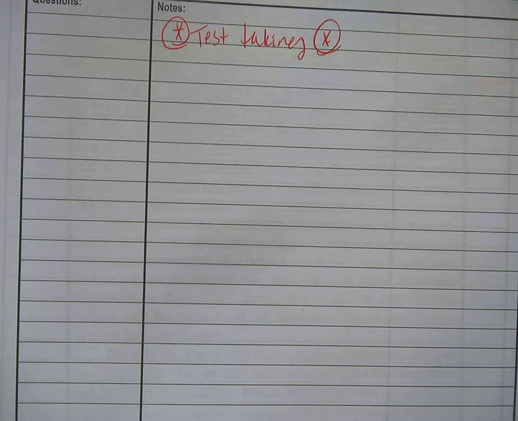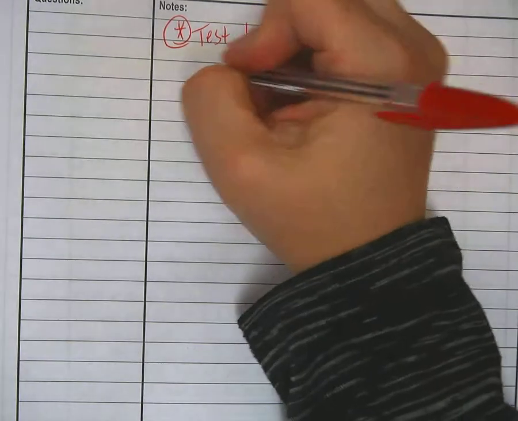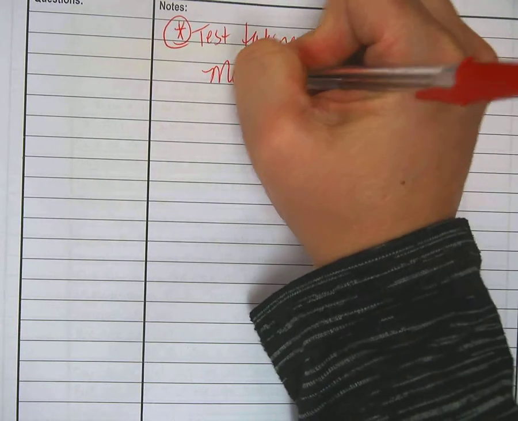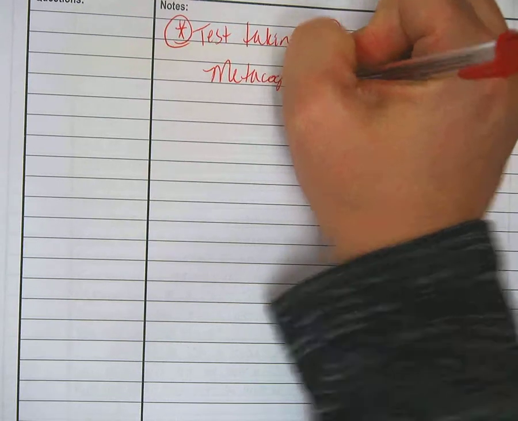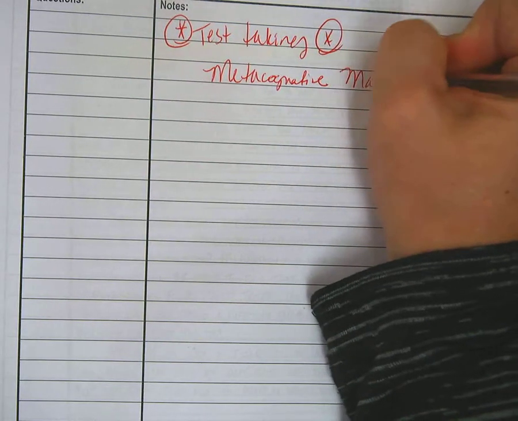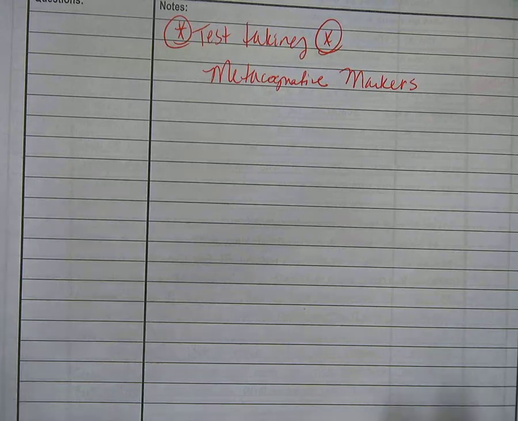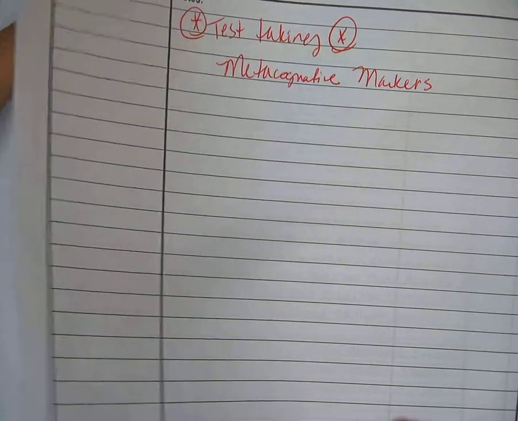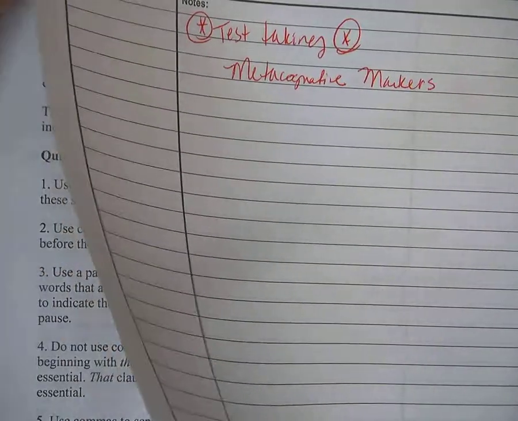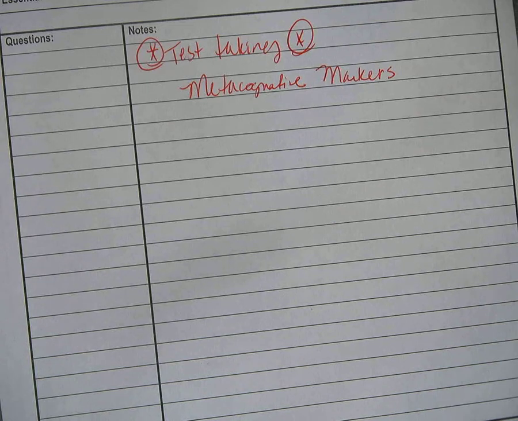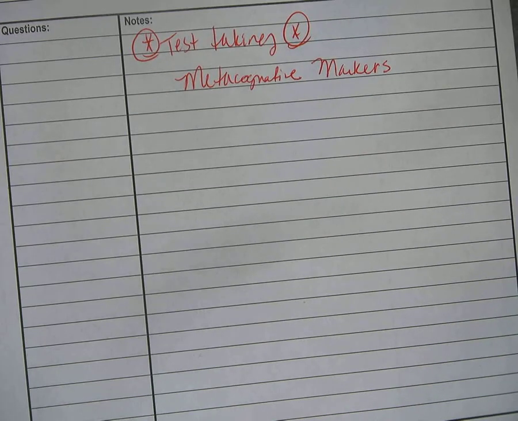When you have reading, make sure you're doing metacognitive markers as you read. And all a metacognitive marker is when you mark something that you think is important or interesting. All right? Mark those elements that you think are important or interesting.